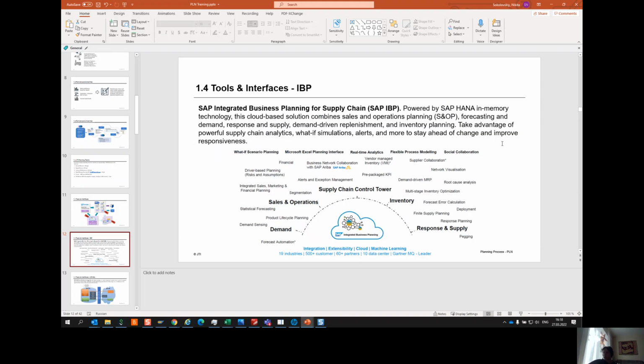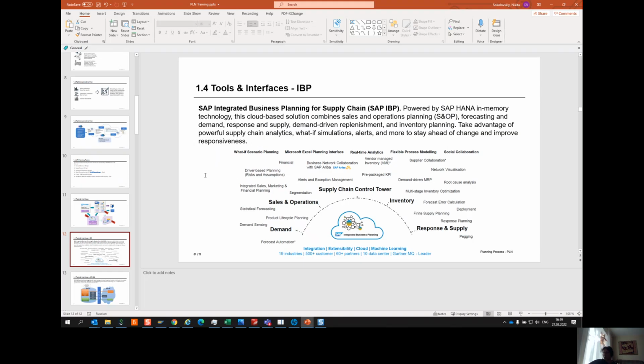It is a cloud-based solution provided by SAP, which combines sales and operational planning, forecasting and demand, response and supply, demand-driven replenishment, and inventory planning. So that sounds like quite a lot for one platform, and also sounds quite scary, I would say.